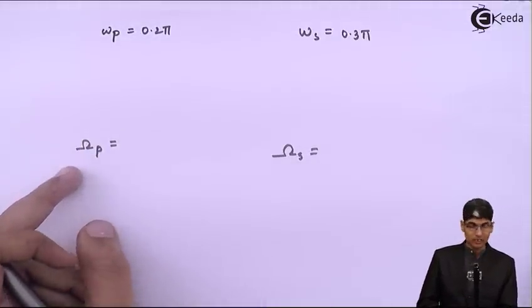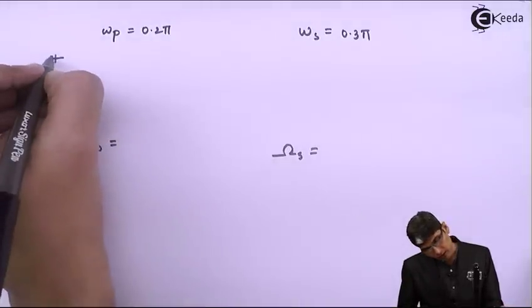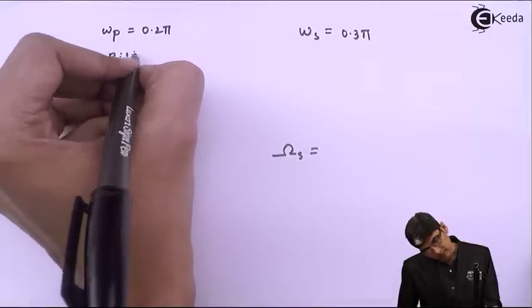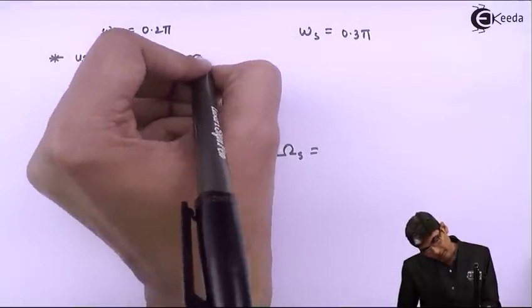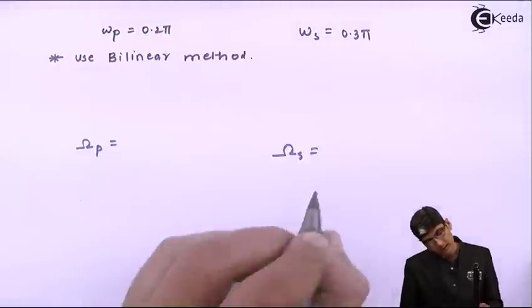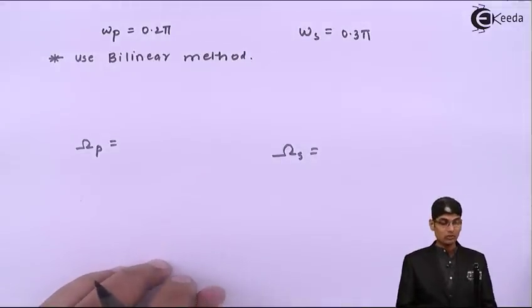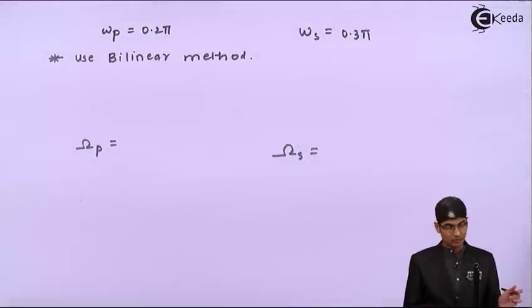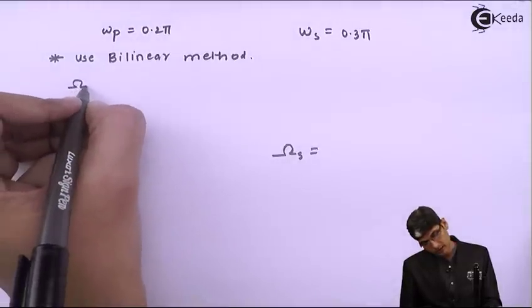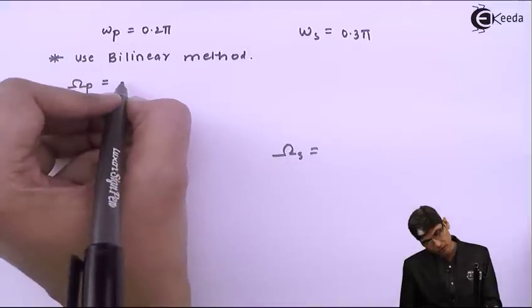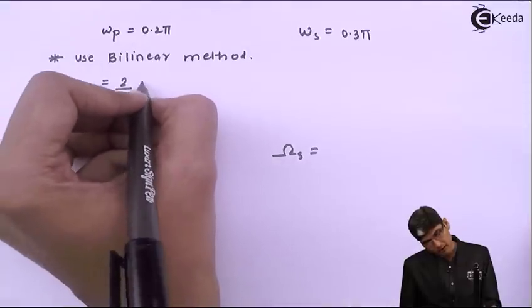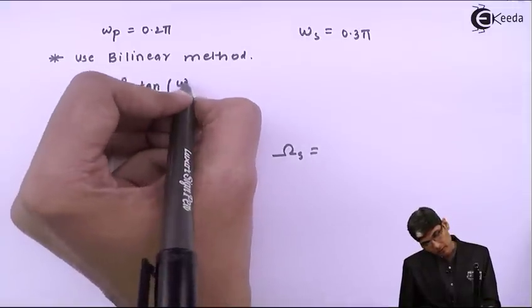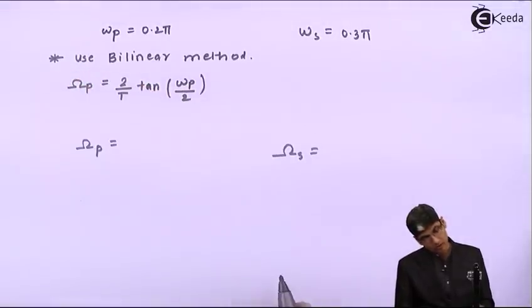So in the problem they have mentioned a very important concept, that use bilinear method. This they have mentioned in the problem. So now using bilinear method, I can map the digital frequencies to analog frequencies by the relation omega p is equal to 2 by T tan of omega p by 2.